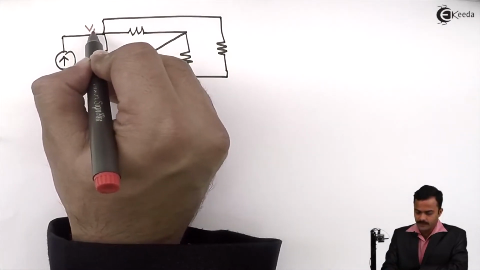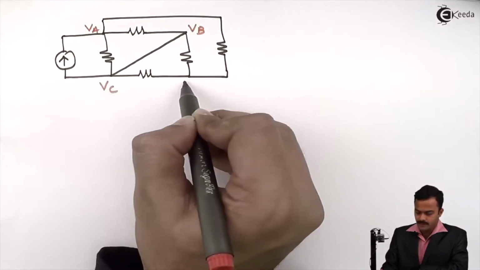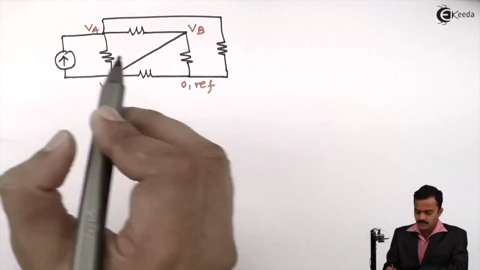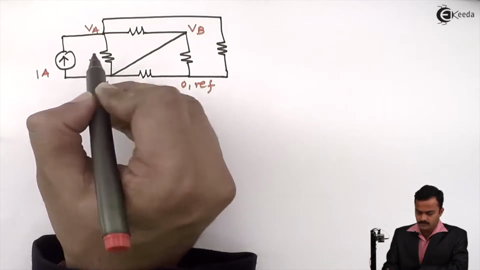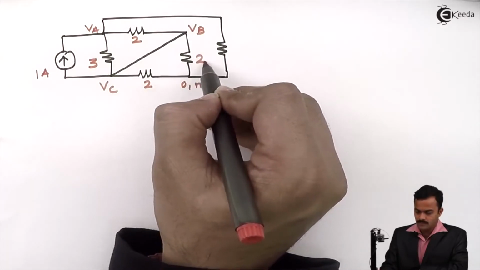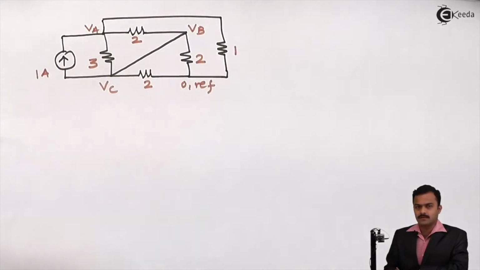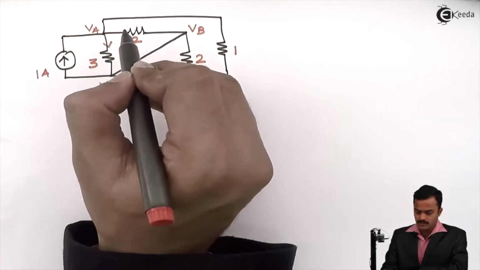That means this will be VA. Here it is VB, VC, reference, current source of 1 ampere. This is 3 ohm, 2 ohm, 2 ohm. This is also 2 ohm. This is 1 ohm. And current directions are also the same.